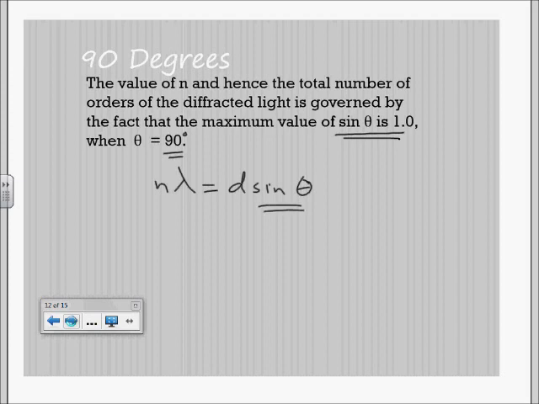And so you can't see an infinite number of maxima on the screen. There's your screen there. There's your diffraction grating. You'll get your central maximum. You might get your n equals 1. Come further out, n equals 2. At some point, you'll get that this angle here can't go beyond 90 degrees. So there is a limitation as to how many maxima you will actually be able to see.